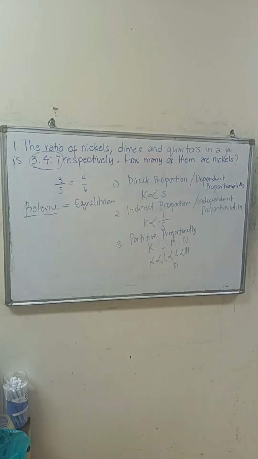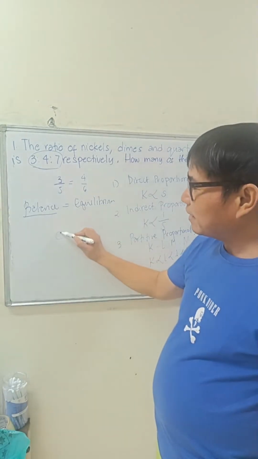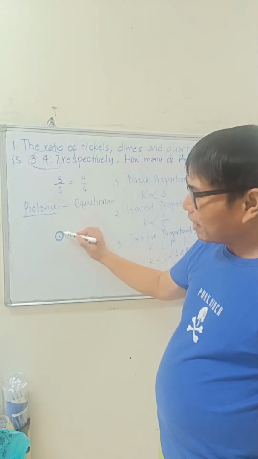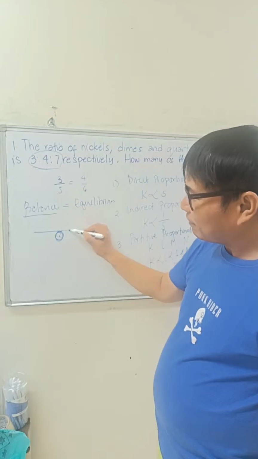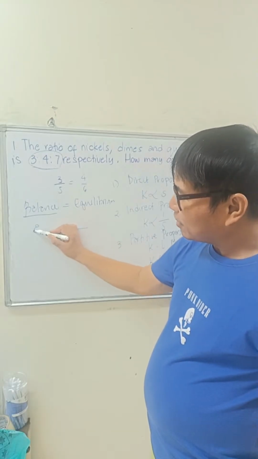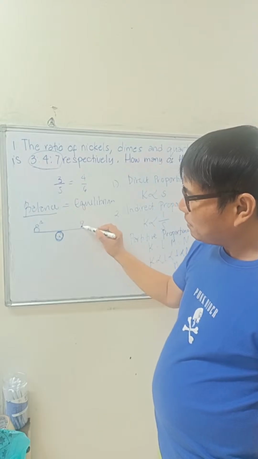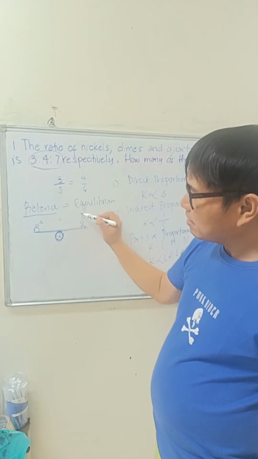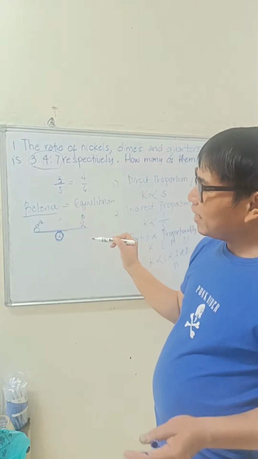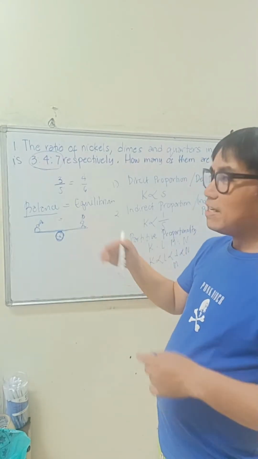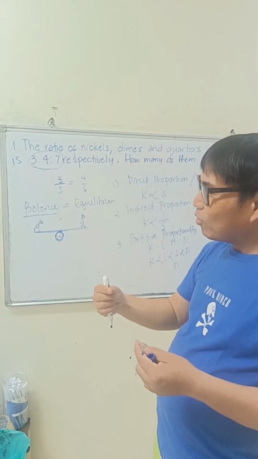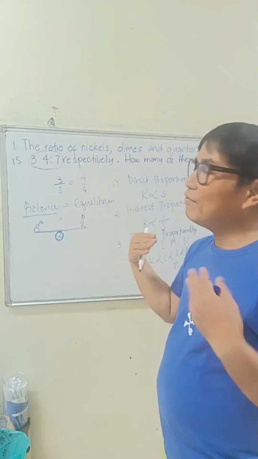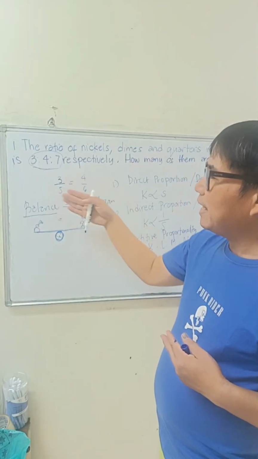Okay, let's consider the seesaw, with the fulcrum in the center, and then the left and the right. This is child A and this is child B. So to establish the balance, A will be equal to B. This is also saying A is proportional to B, meaning there's balance in it. The more we have the balance, the more we have an equivalent value from the left side and the right side.